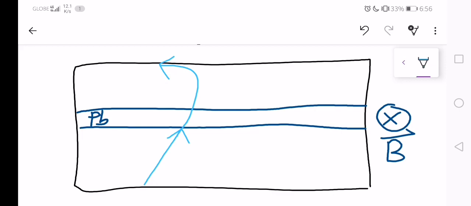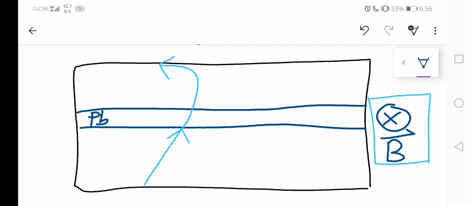So inside the cloud chamber, he put in a magnetic field. So the magnetic field is pointing into the page as I record this video.